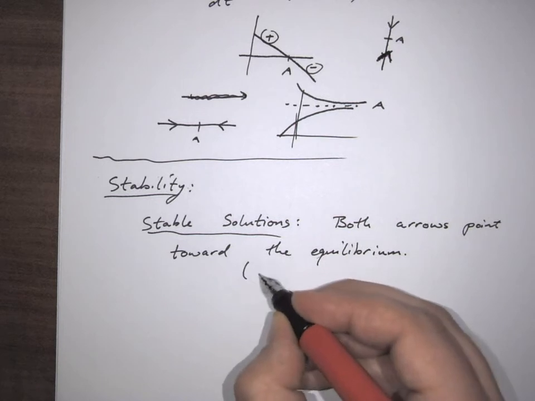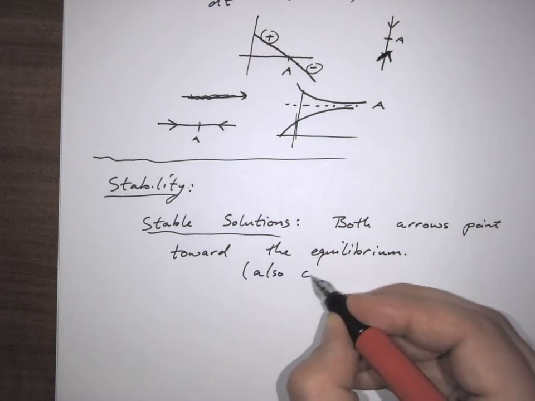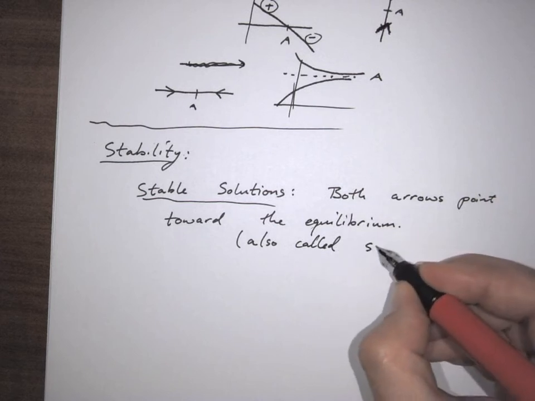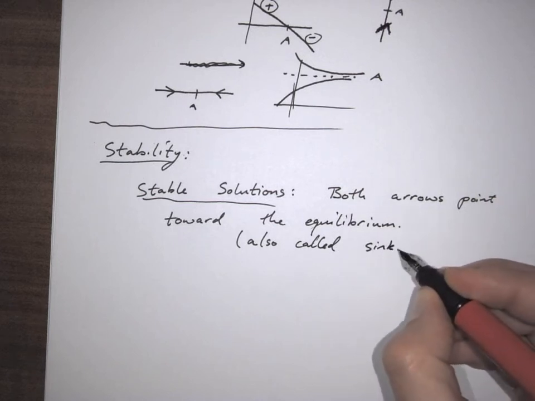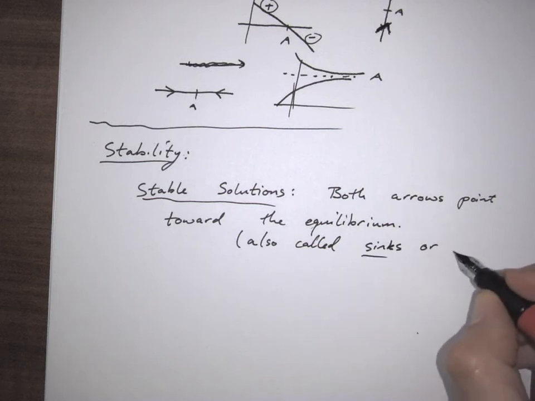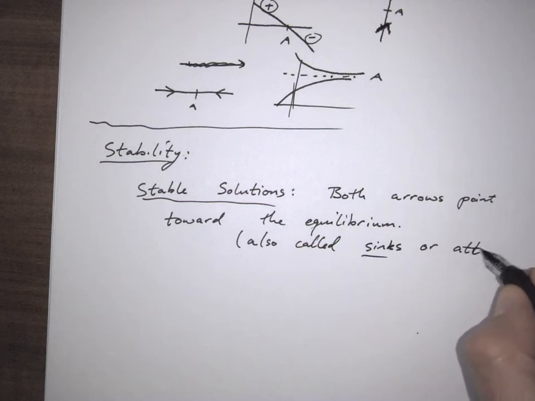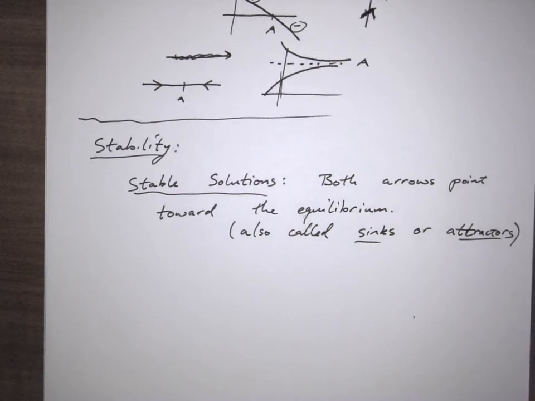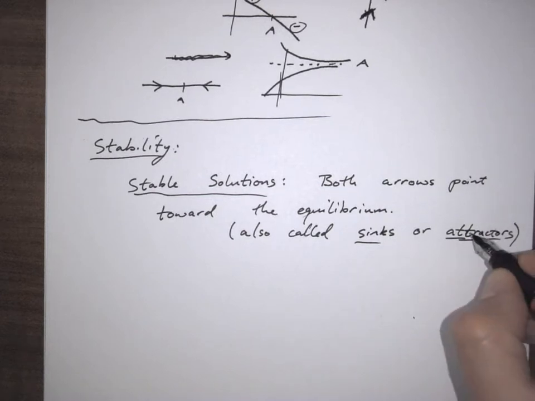These are also called sinks or attractors. So sinks, like where a drain goes. Or attractors. If you ever heard the expression from chaos theory, strange attractor, that refers to this sense of the word.